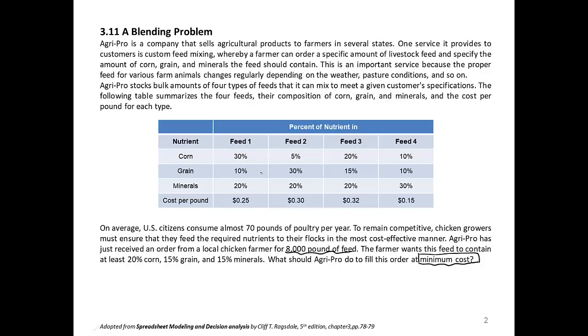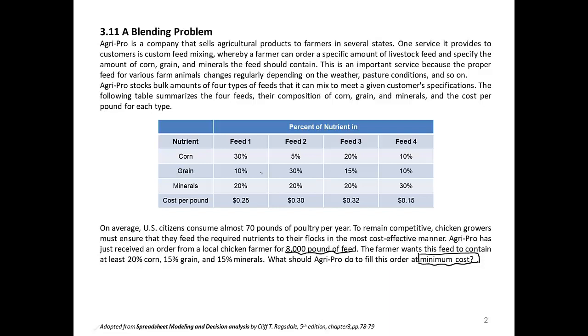So what is he trying to decide? How do you mix them together? Okay, then to translate, the variables would be, how do you mix them together means each feed would be a decision variable. How many pounds, or how much percentage of each feed, right?